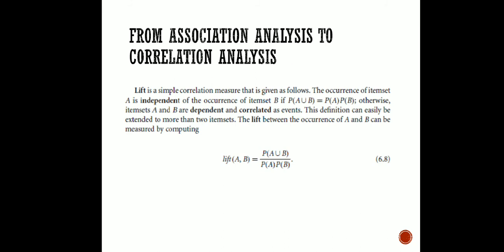So from the definition, lift of A, B will be calculated using this formula: the probability of occurrence of both A and B together, divided by the probability of occurrence of A multiplied by the probability of occurrence of B.